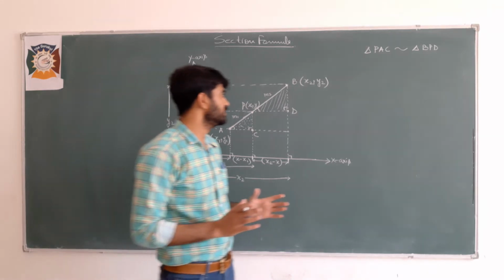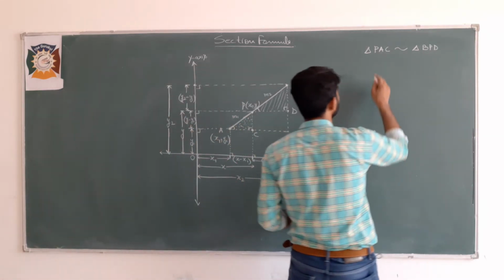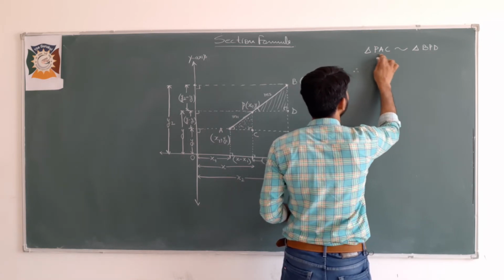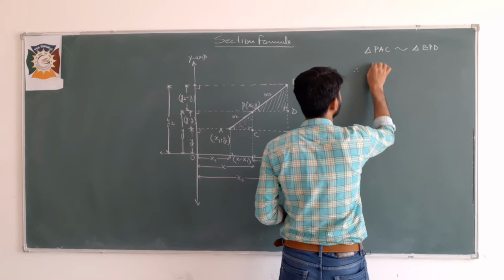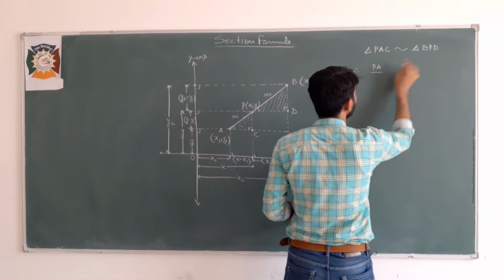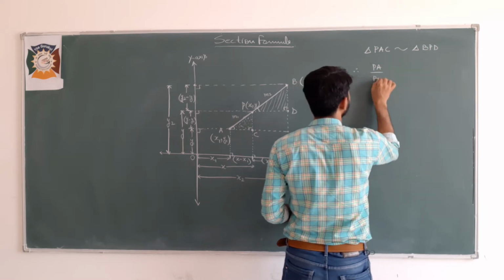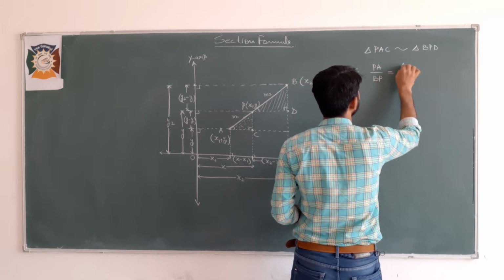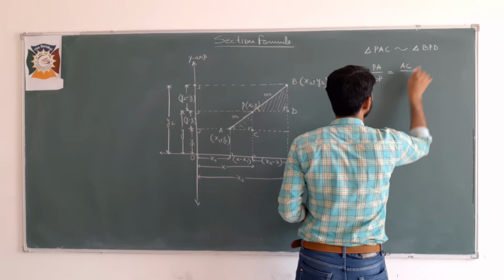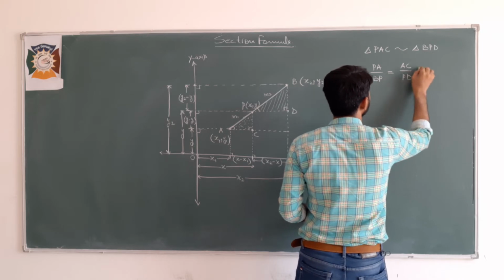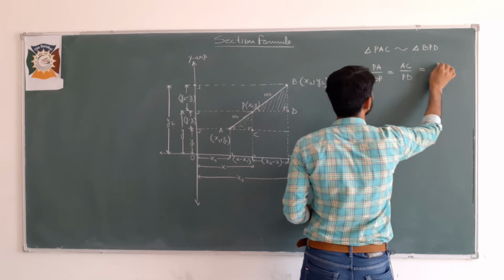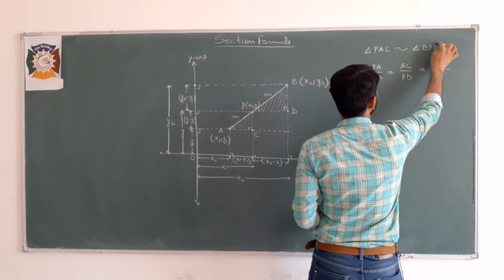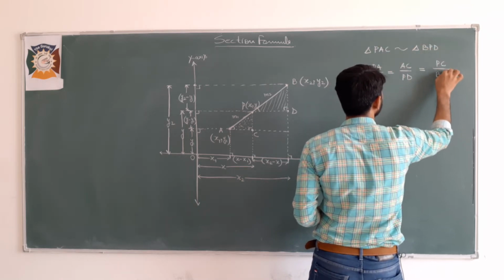Therefore PA by BP must be equal to AC by PD, which must be equal to PC by BD.